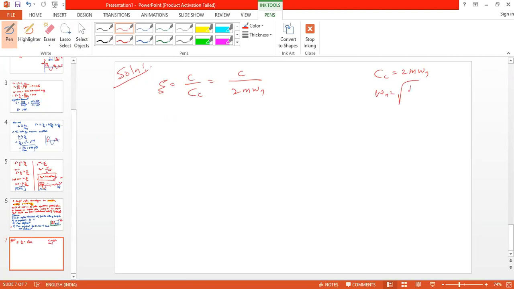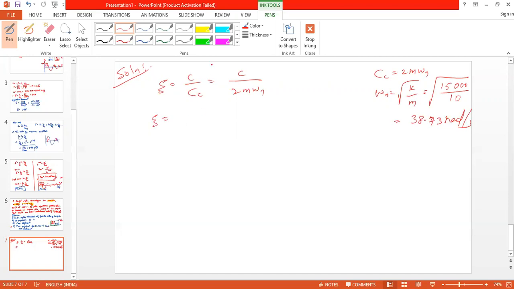So omega n is equal to root of K by m, that is root of stiffness 15 Newton per mm, so per meter it is 15,000, divided by the mass, 10. So omega n is root of 1500, that is 38.73 radians per second.